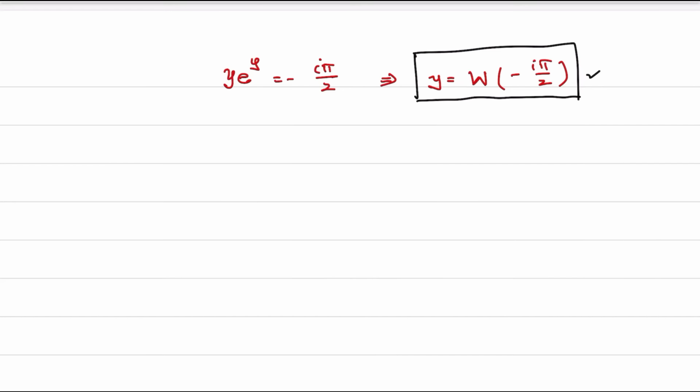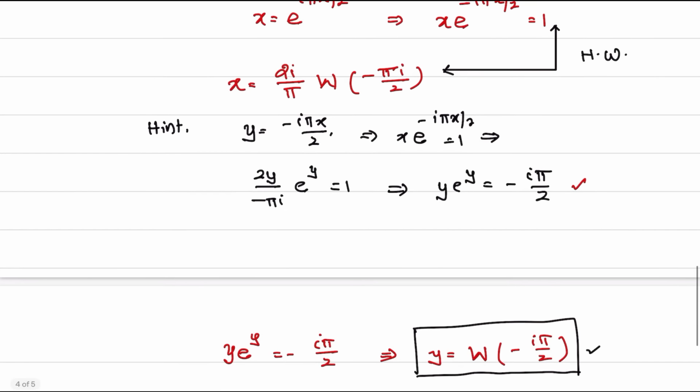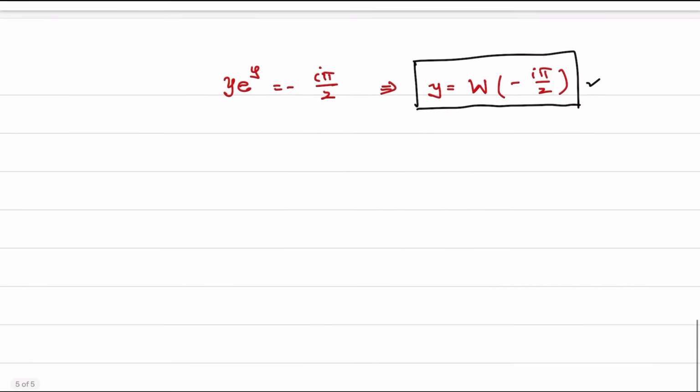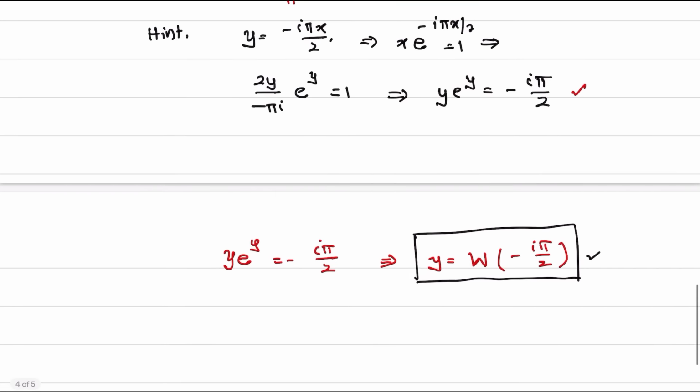And the value of the Lambert W function you can get from any standard values, or it may be given in the examination. Then what is the y value? y is equal to minus i pi x by 2. From y, what is the x value you will get?